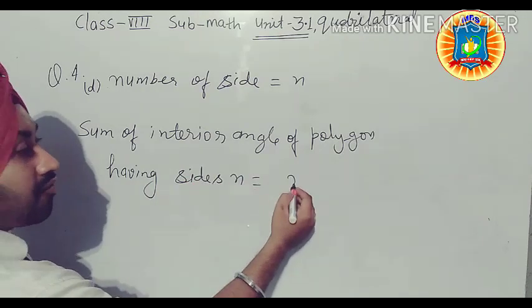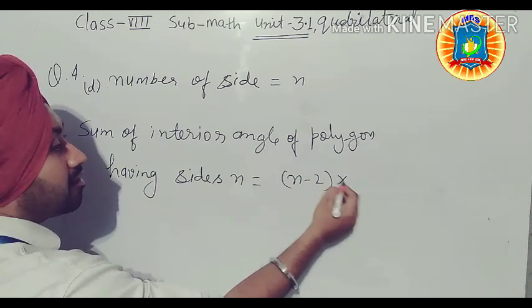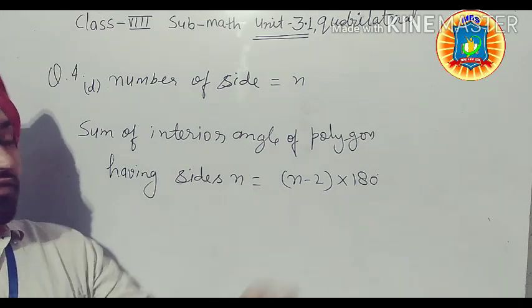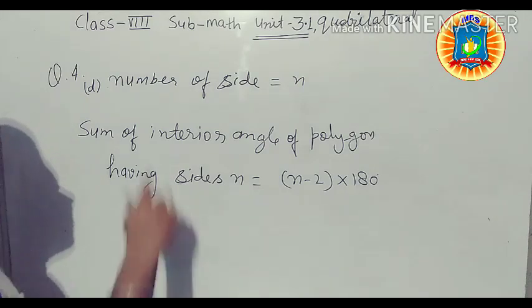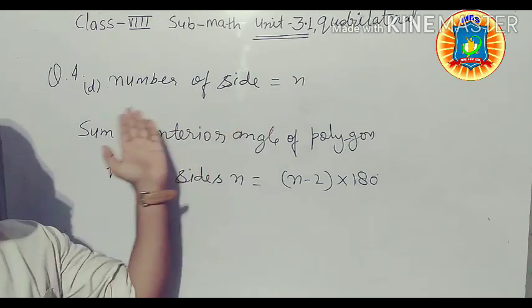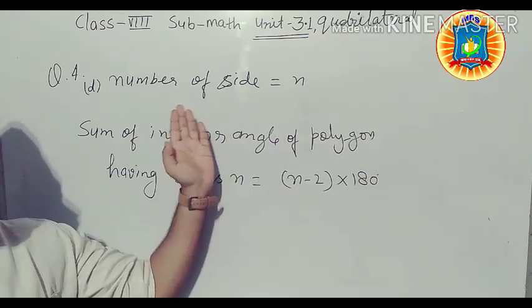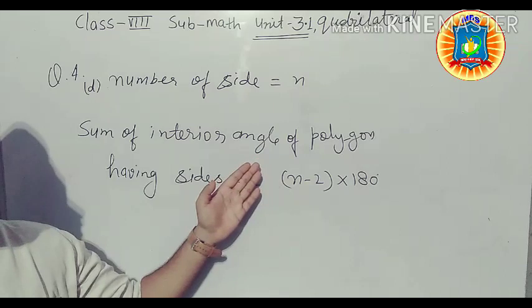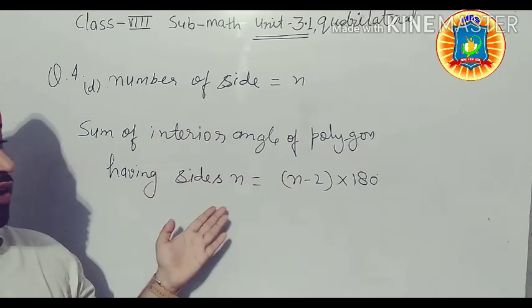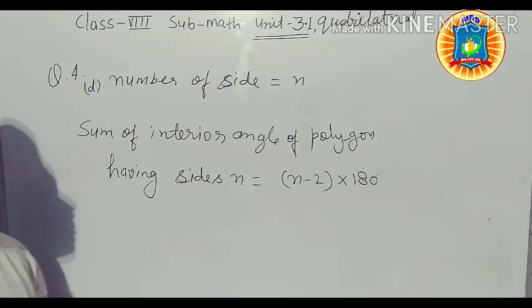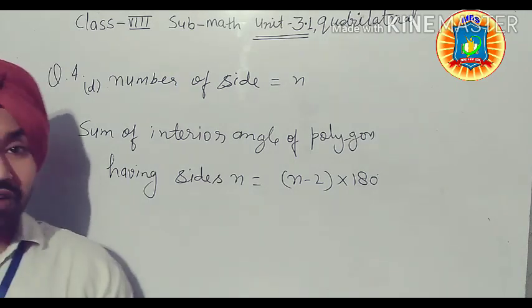It is the formula n minus 2 multiplied by 180. Here the number of sides is n. If it is given as x, we apply x here. Now in this equation, the sum of interior angles of a polygon is the same as the formula we are applying here. So dear students, let's move to our next question, question number 5.